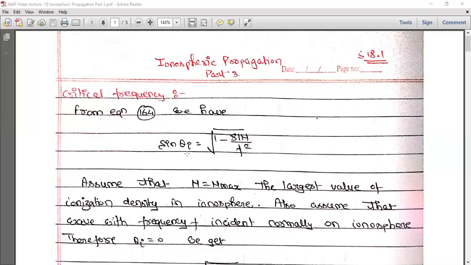That means the angle of incidence theta I becomes 0. For normal incidence, the angle between the wave and the normal should be 0. The wave should be incident along the normal itself, so angle theta I is 0. When you substitute these two things in equation 164, placing 0 in place of theta I and N max in place of N, what you get is an equation of this type.